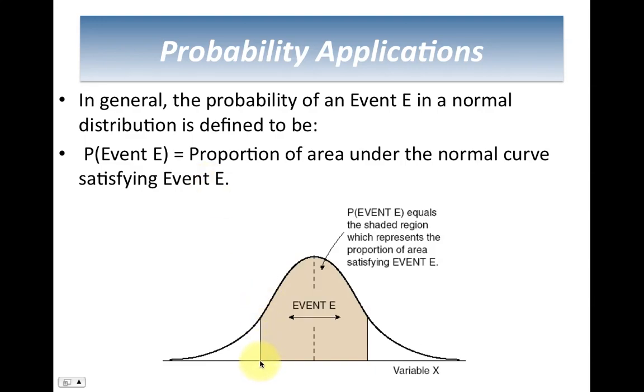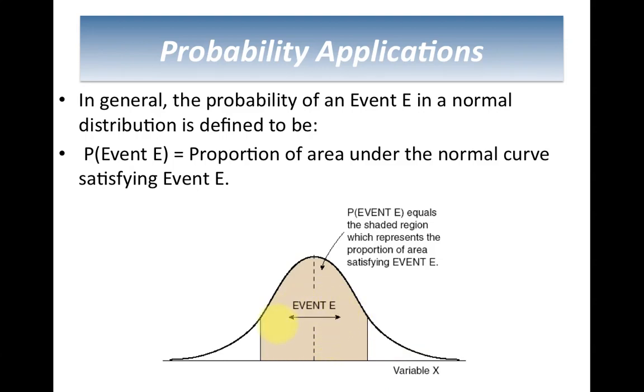For example, the horizontal axis is generally labeled here with variable x, but let's say our horizontal axis represents heights. And on the far left border we have a height of, let's say we're dealing with a height of 60 inches, and on the far right we're looking at a height of 66 inches.